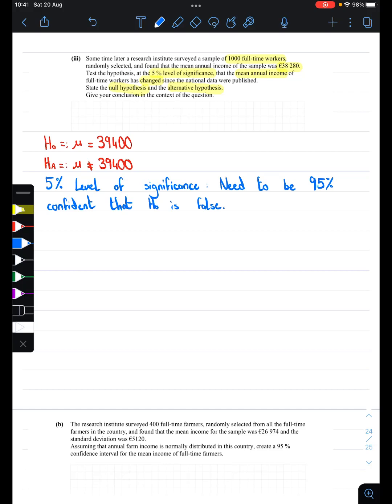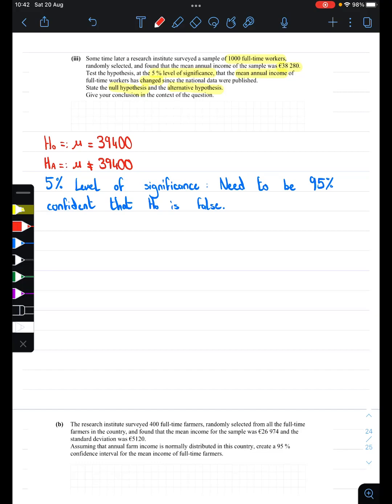And so, well, you might read there 95% confident, and the first thing you might think of is that sounds like a confidence interval. And so we want to be 95% confident that the true mean is not 39,400.